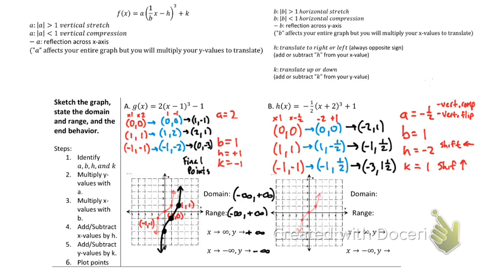So let's graph this. (-2, 1). Here, -1 and 1/2, so -1. Sorry, let's repeat that. -1, and we're going to go up 1/2, so right in the middle there.